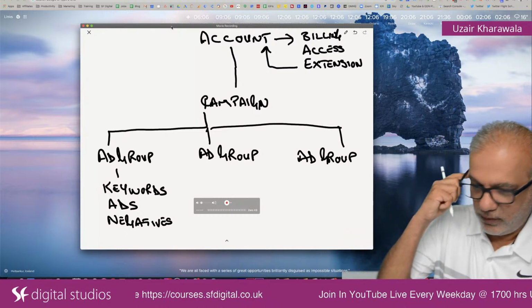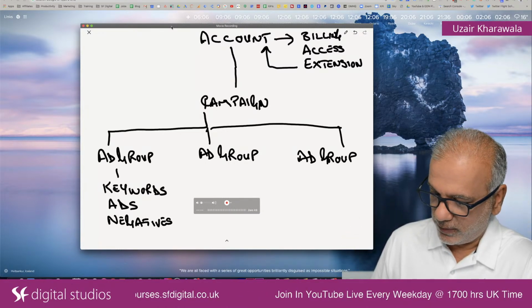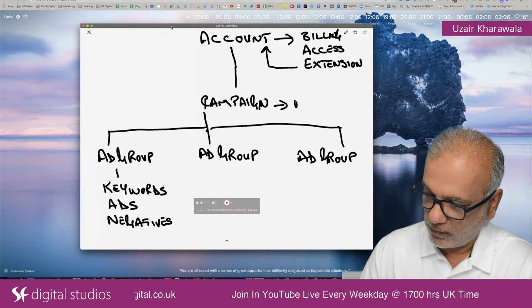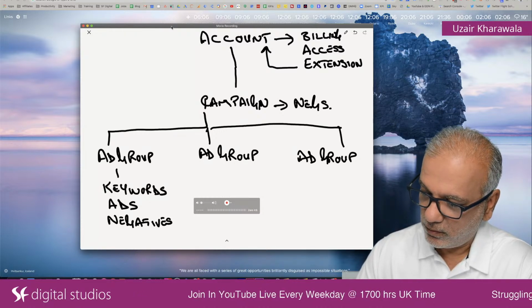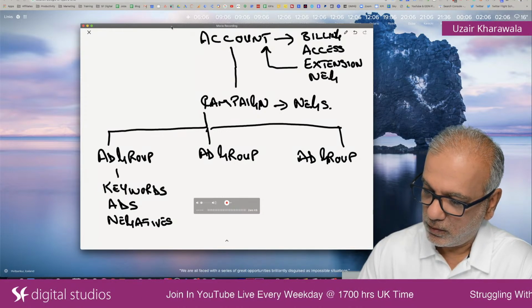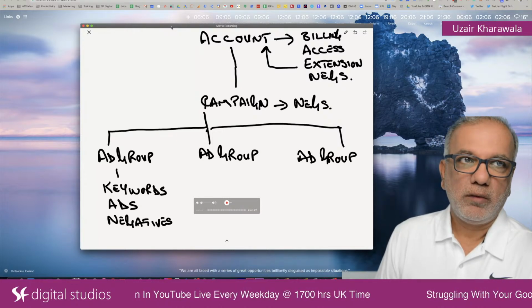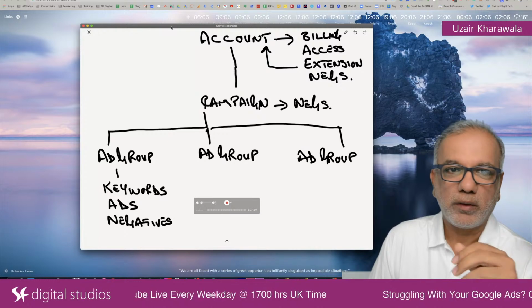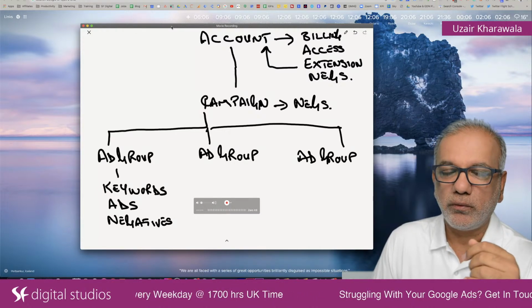Now, negative keywords is something where you can either have it at ad group level, at campaign level, or at account level. What I mean by account level is there will be certain negatives which will apply to everything you are trying to promote or sell, and you don't want your ads to show for that.